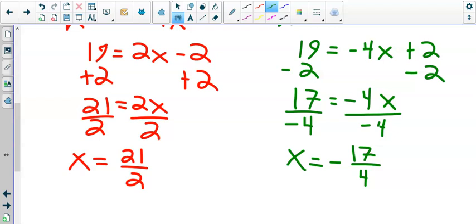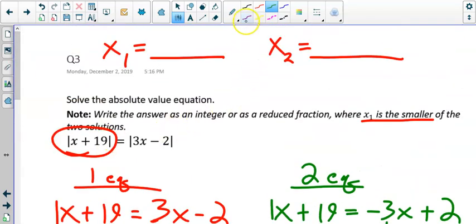The negative answer. Negative 17 over 4 is our smallest. That means x2 will be the 21 over 2. So if I go up here and put my answers in, this is negative 17 over 4. This is 21 over 2. Must be in that order.